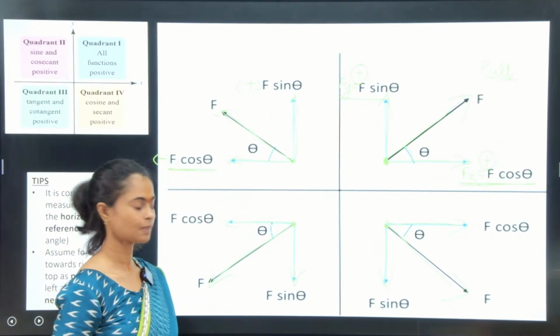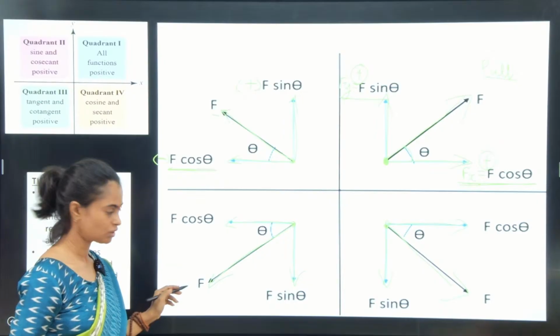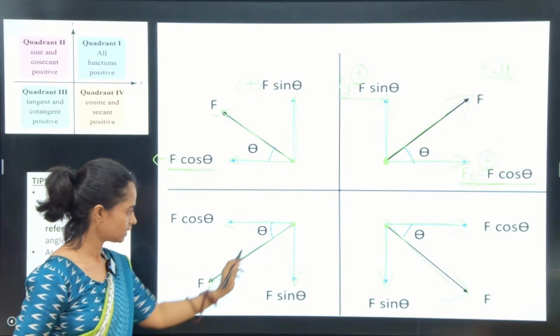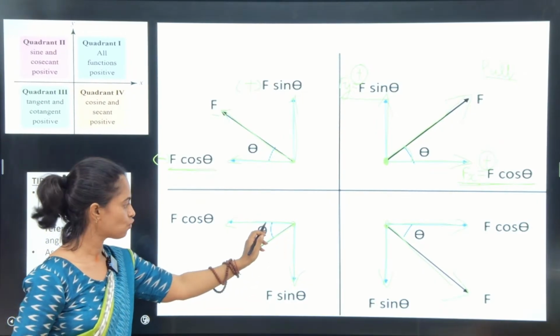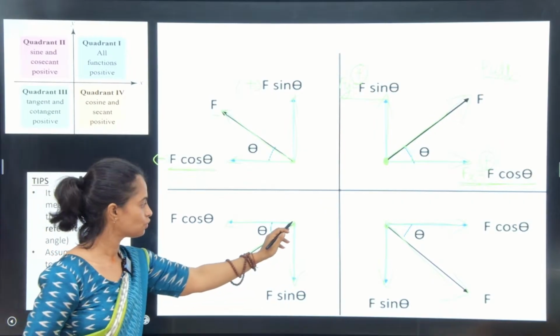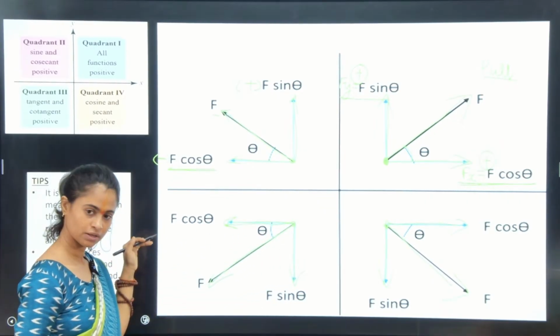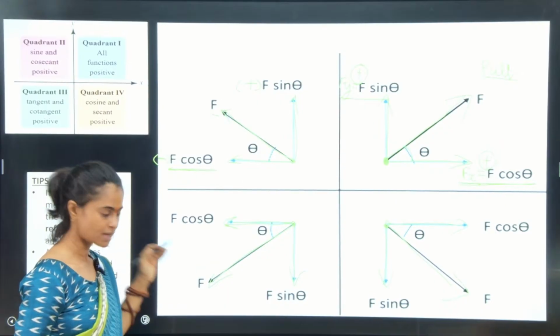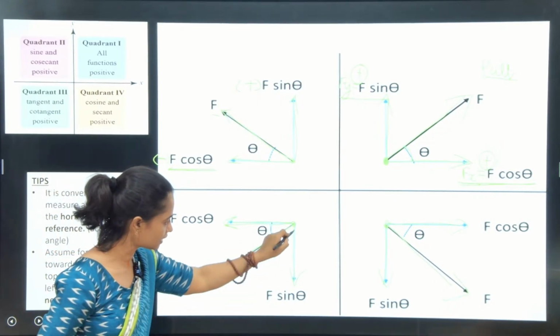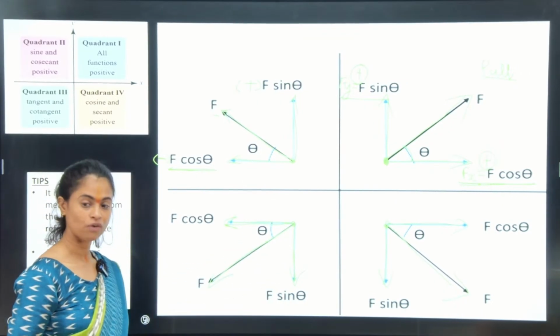Clear? Now coming here to the third quadrant, the force is acting at theta with the horizontal. So we'll have its x component F cos theta along the negative x-axis and F sin theta along the negative y-axis.